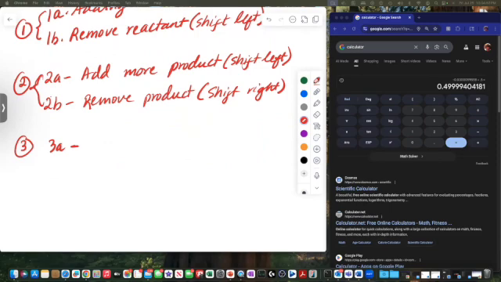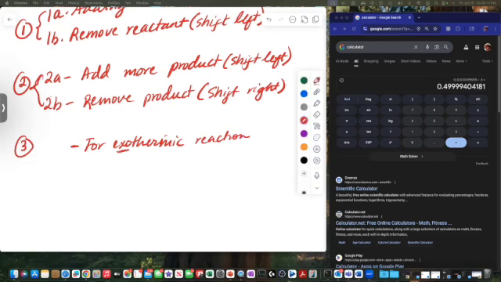Change in temperature will only affect an endothermic or exothermic process, okay? So I'll say here, for exothermic, remember exothermic reactions, heat is exiting, right? So let me answer 3A and 3B for exothermic reaction.